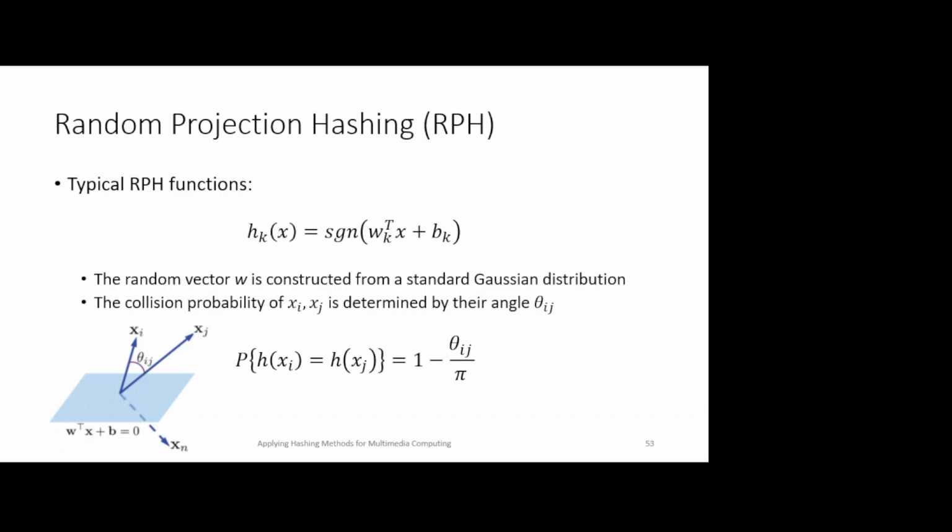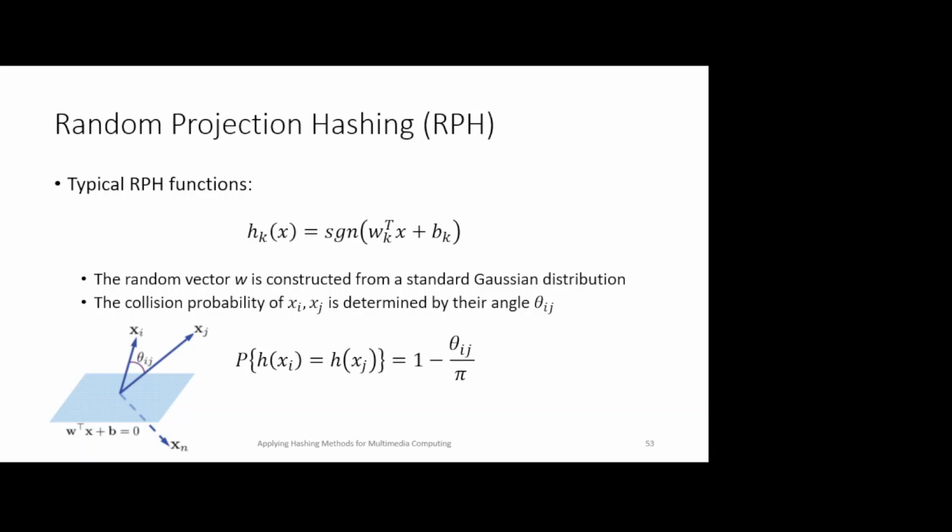If we want to use random projection hashing, first, how do we generate the random vector w and bias b? The random vector w is generated from a standard Gaussian distribution.